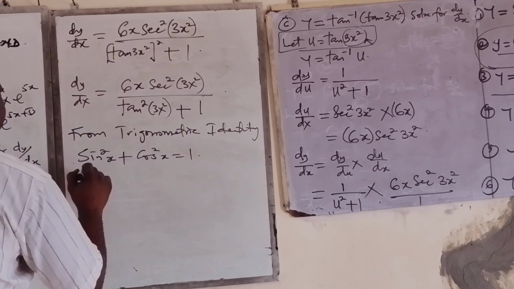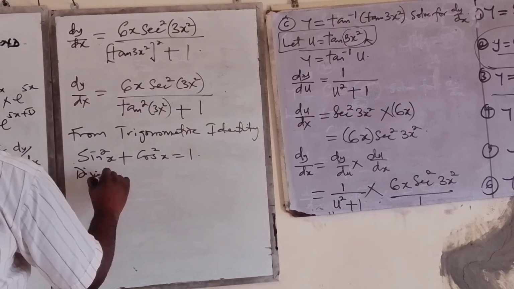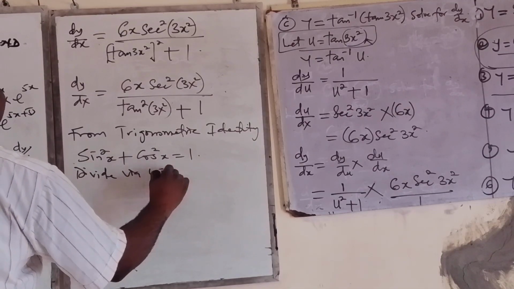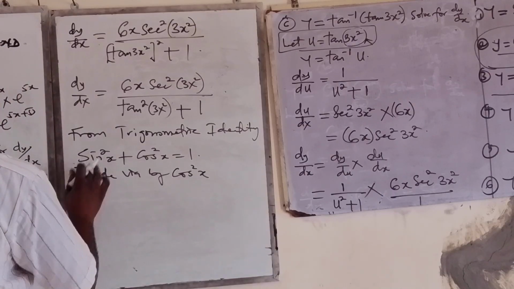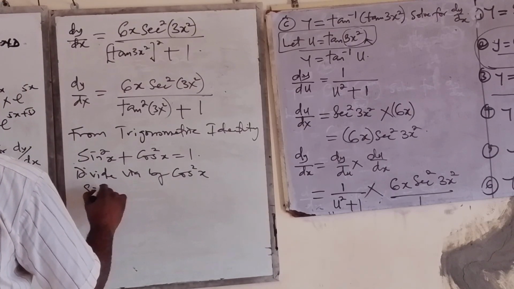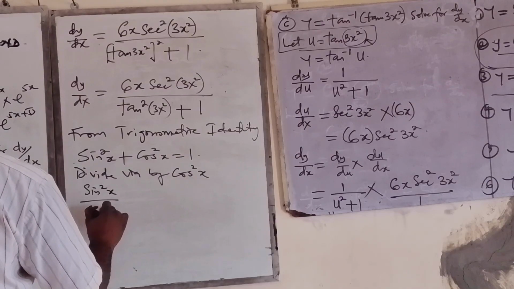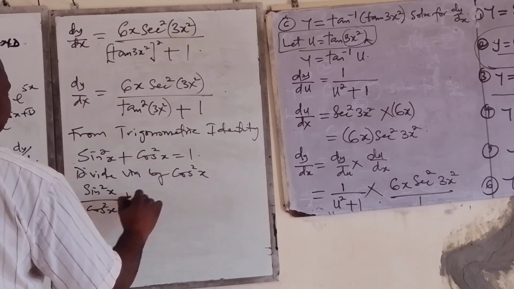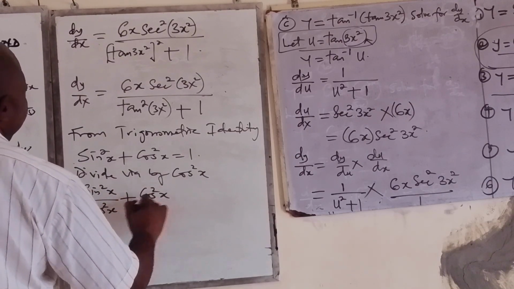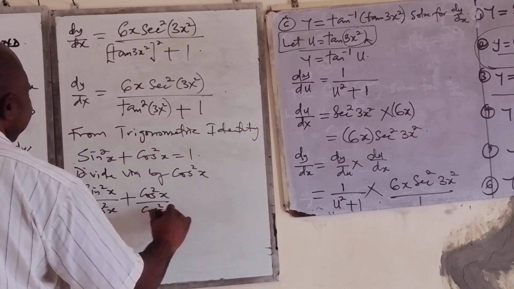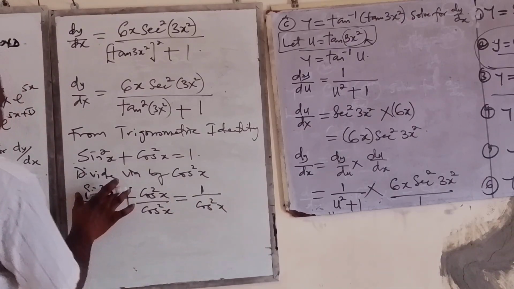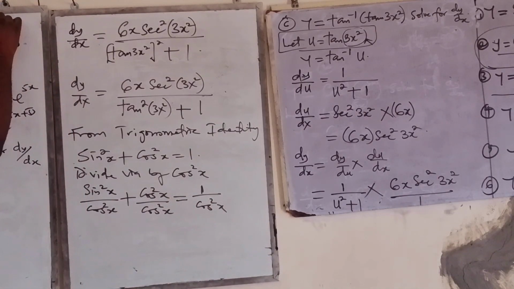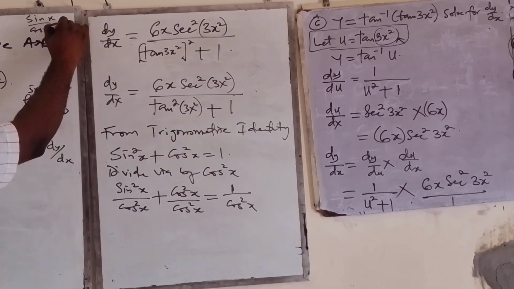When we divide through by cos squared x, we have sine squared x over cos squared x plus cos squared x over cos squared x equal to 1 over cos squared x. Remember sine x over cos x is tan x.